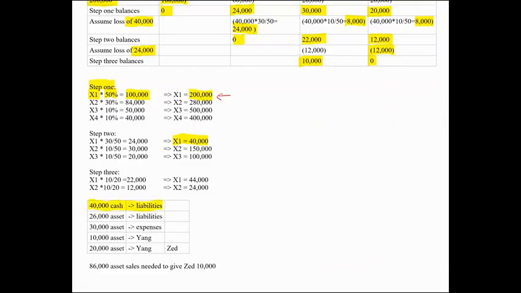That's not enough. Then they need to sell an additional $26,000 of assets to pay off all the liabilities. In total, that is 66,000, and then they need to sell another $30,000 of assets for the liquidation expense.